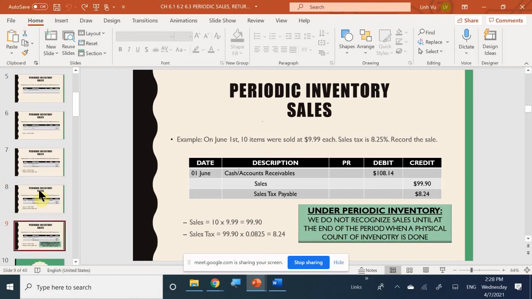Then we are going to understand that with periodic inventory, we don't care to calculate or keep track of what we sold in terms of updating the inventory. All we recognize here is that we sold 10 items.